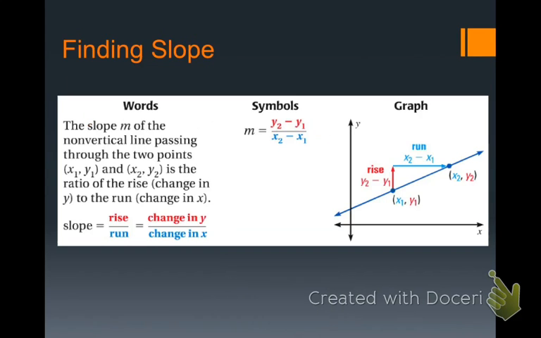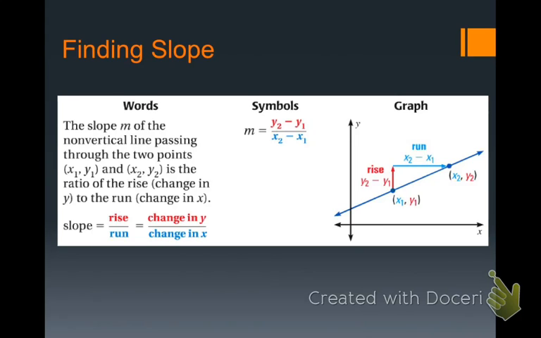Okay, so to find slope, we have a formula. Remember, we represent slope with M. So our formula is y2 minus y1 over x2 minus x1. Remember those subscripts, the numbers don't mean anything. They're just a symbol. So x1, y1 just represents one of the 2 points, and x2, y2 represents the other point.